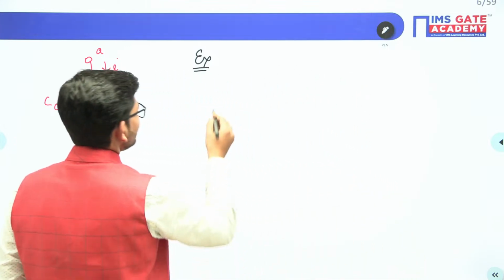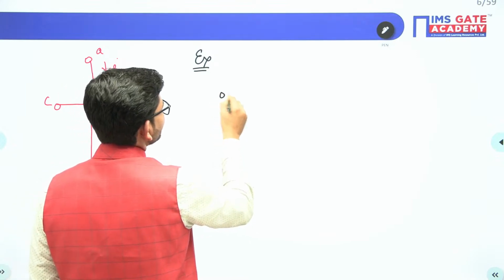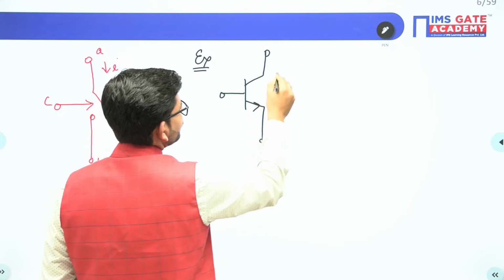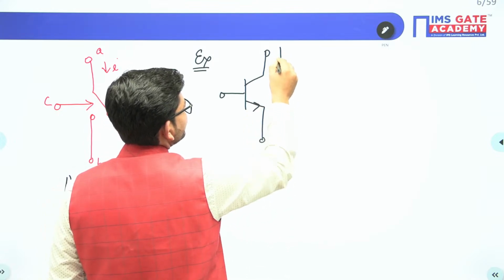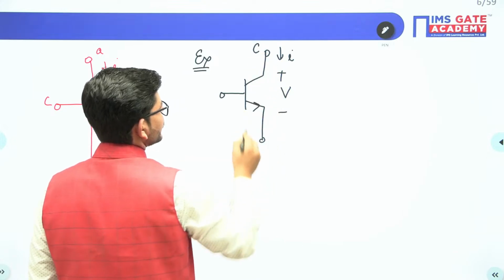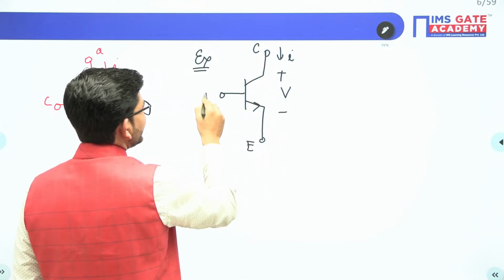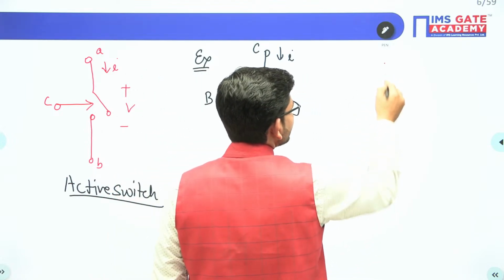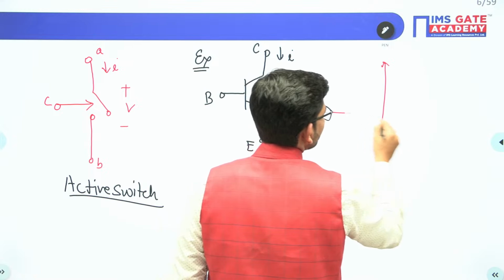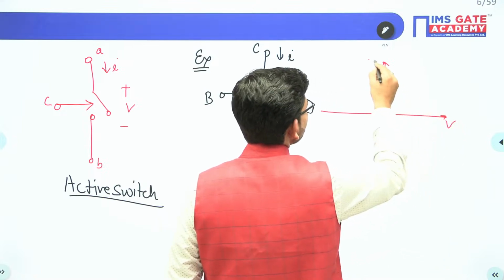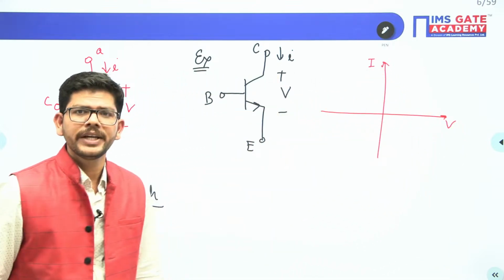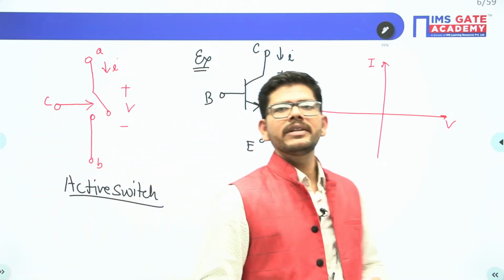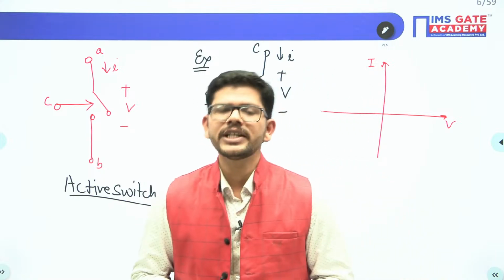So for example, if I talk about a BJT, this is a BJT that I have. If this is the applied voltage and it will carry a current in this direction, collector, emitter and base are the three terminals. Now, in order to realize this switch, if we have applied this particular voltage V, then whether the BJT will be conducting depends upon whether the base signal has been applied across it or not.